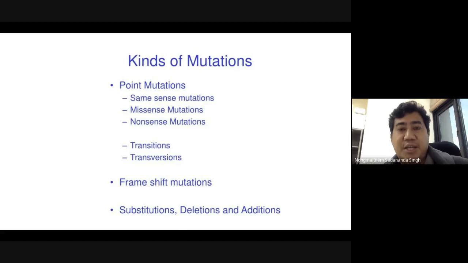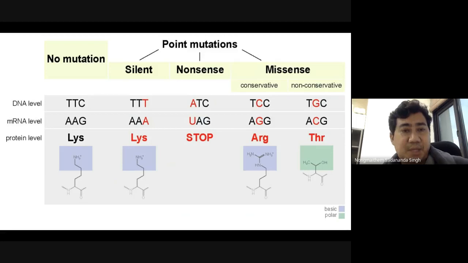That would change how an mRNA is decoded to a protein in the translation system. So depending on that, this is just a repetition of what we were talking about: silent, nonsense, and missense.